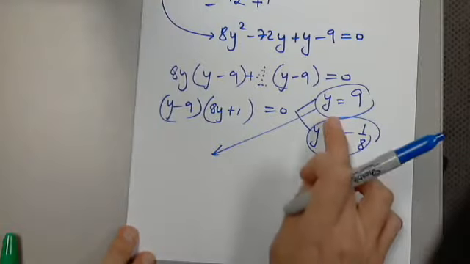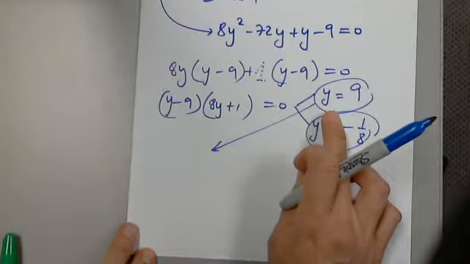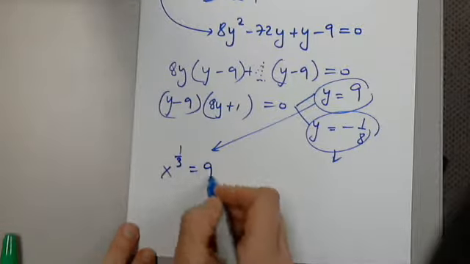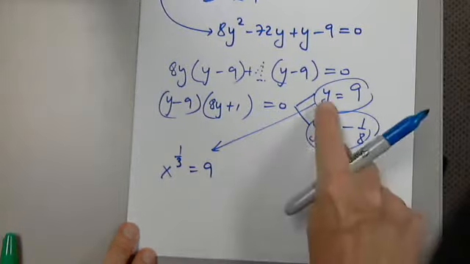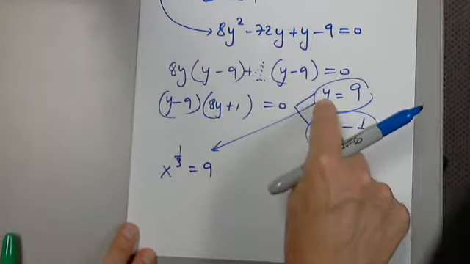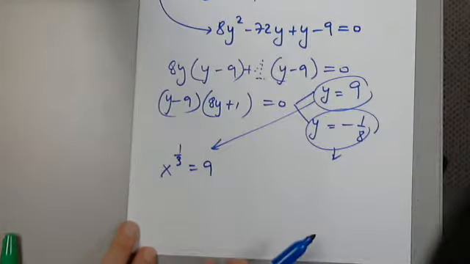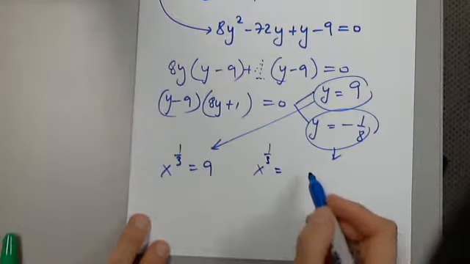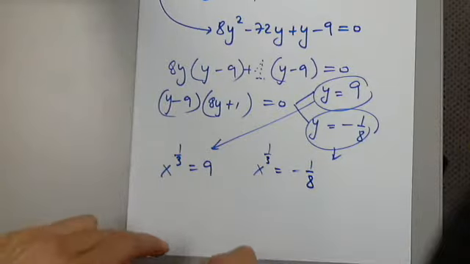So then this equation is x to 1/3 equals 9. This equation is, all I have to do is replace y now. I'm going back. So y gets replaced by x to 1/3. And then the second equation, x to 1/3 equals, very good.